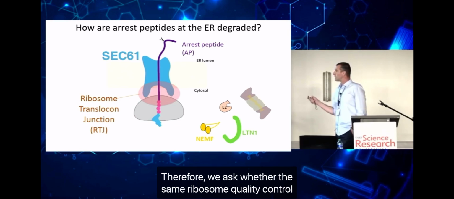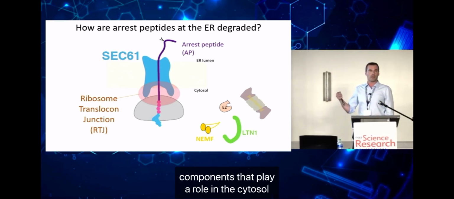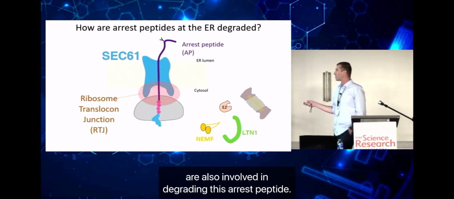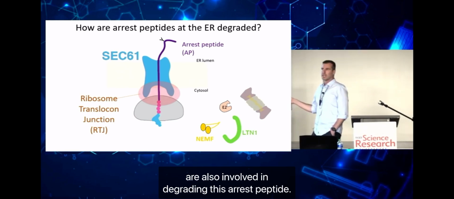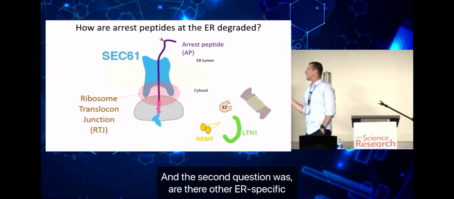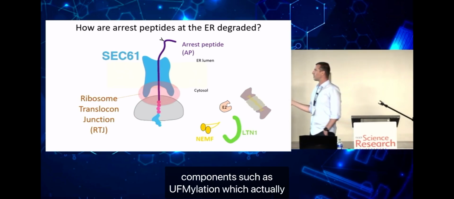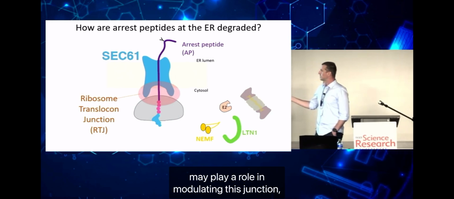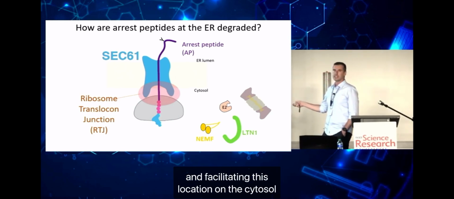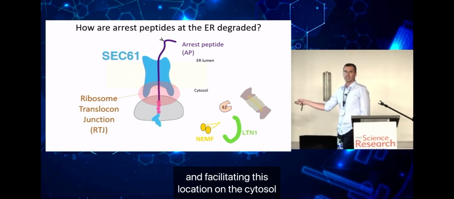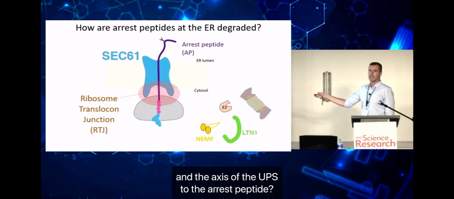Therefore, we asked whether the same ribosome quality control components that play a role in the cytosol are also involved in degrading this arrest peptide. The second question was whether there are other ER-specific components, such as UFMylation, which might play a role in modulating this junction and facilitating the exposure to the cytosol and the access of the UPS to the arrest peptide.